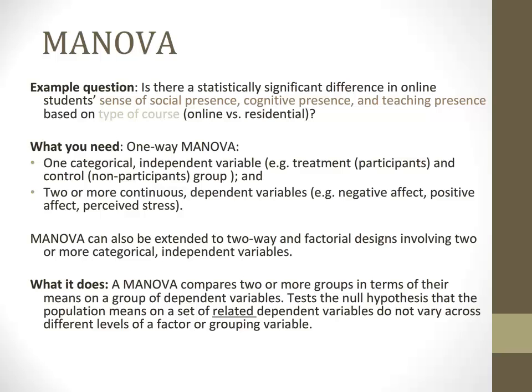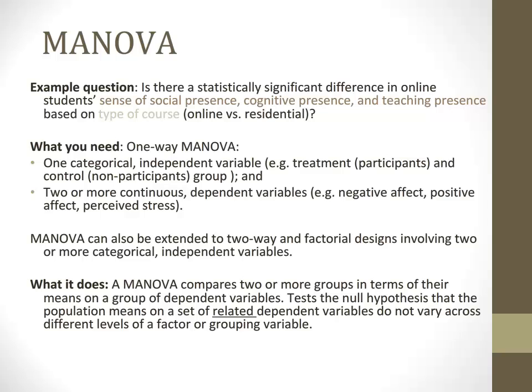Well, if you do multiple one-way ANOVAs with dependent variables that are correlated or related, you run the risk of increasing type 1 error. So another analysis called a MANOVA is often used.